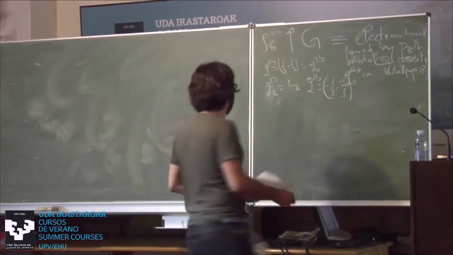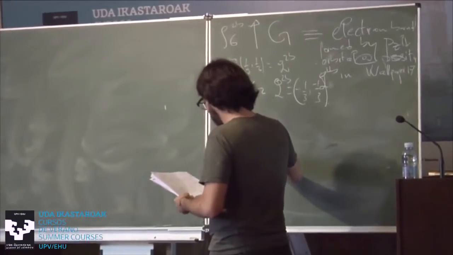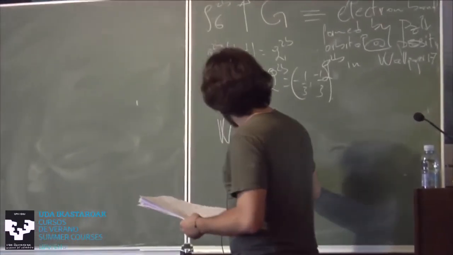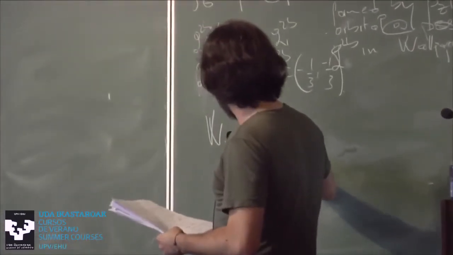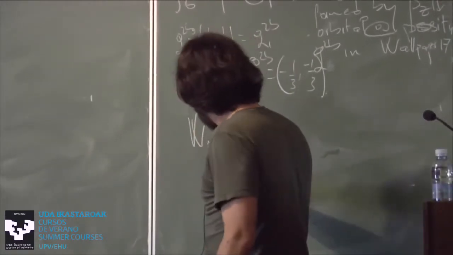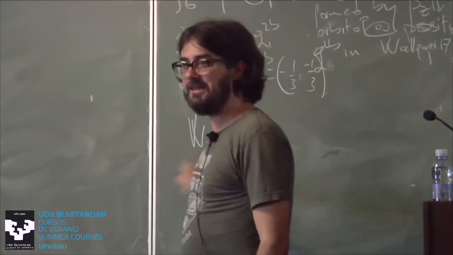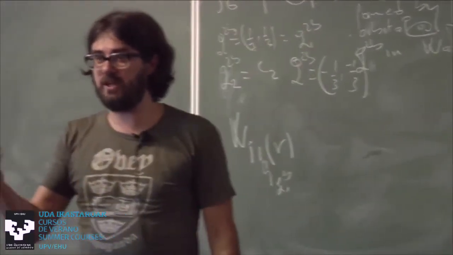Let's do it explicitly. I define W I1 at position R the orbitals on the Wyckoff position Q1B. I is an index because you saw the representation was twofold.